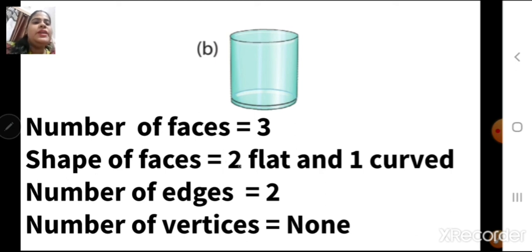Shape of the faces: there are 2 flat and 1 curved surface. Number of edges is equal to 2. There are 2 edges. And number of vertices is none. There is no vertex, correct? Because the edges are not meeting, okay? So there are no vertices.